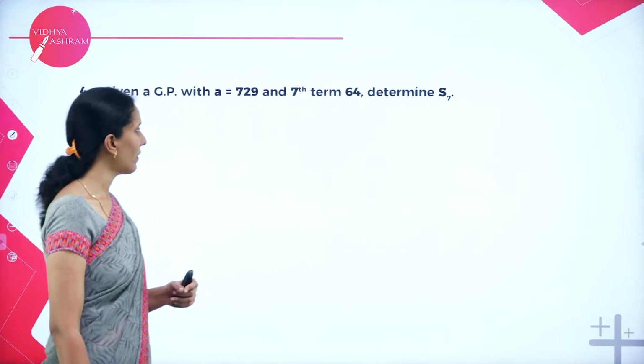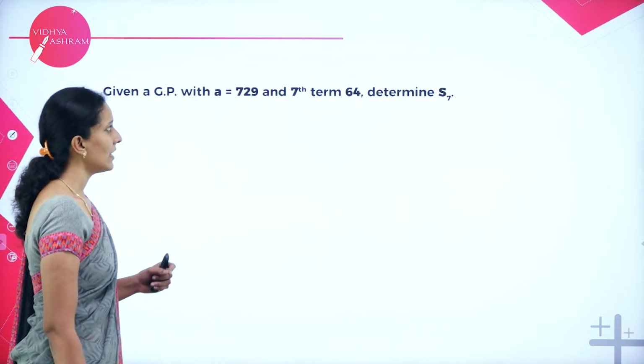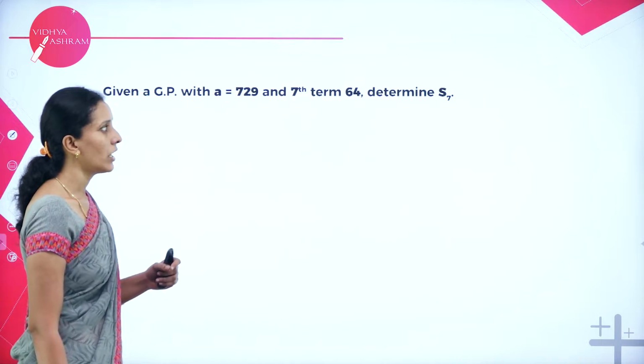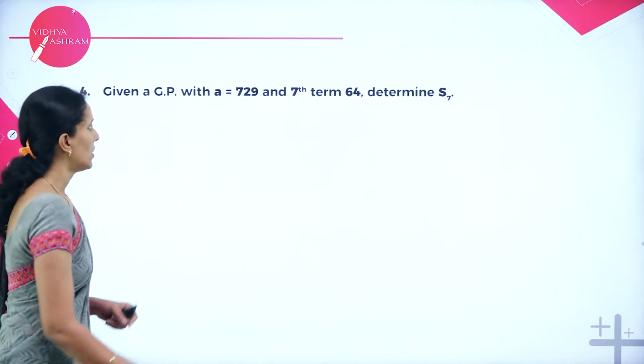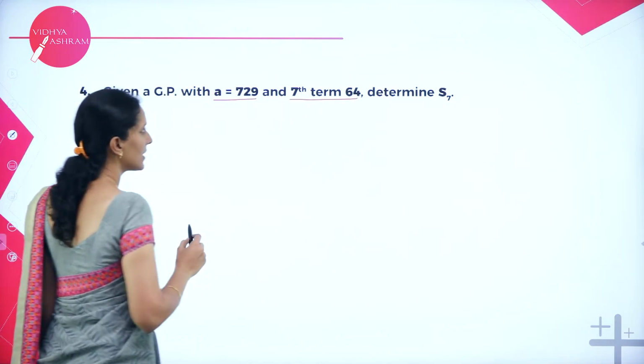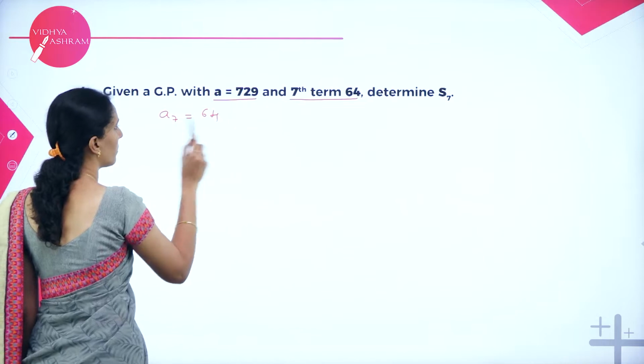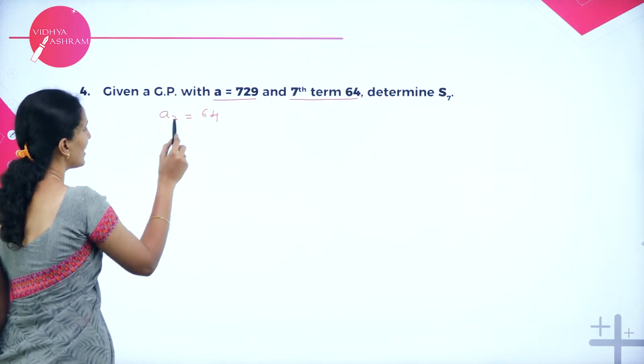Next question is, given a GP with A is equal to 729, 7th term is 64, determine S7. So given A is equal to 729, 7th term is 64 means A7 is equal to 64. So what is A7?